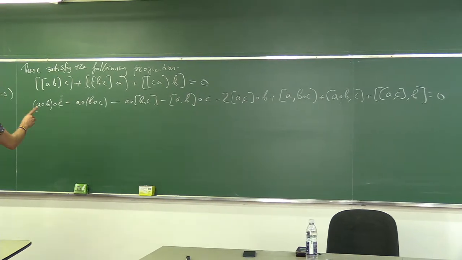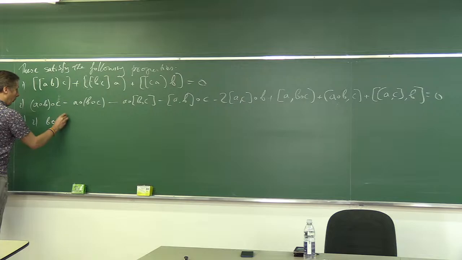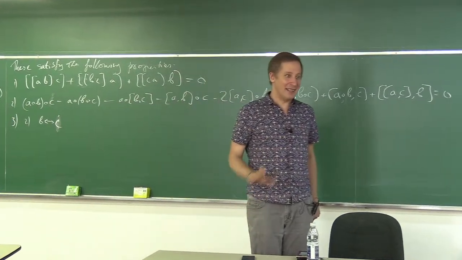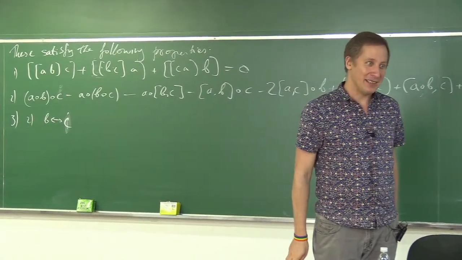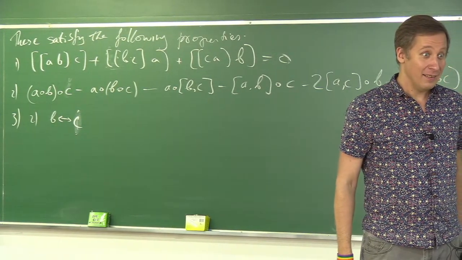So there is this, and the identity 2 where you swap B and C. These 3 identities are equivalent to the right symmetric identity for these new operations, for the symmetrized and antisymmetrized product.